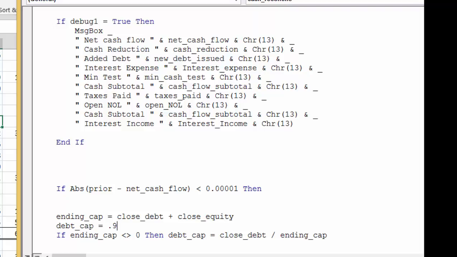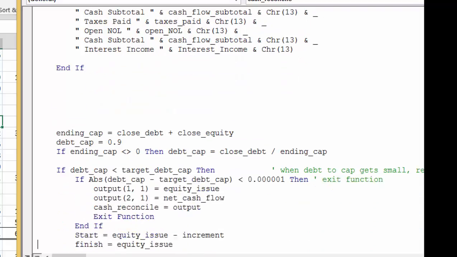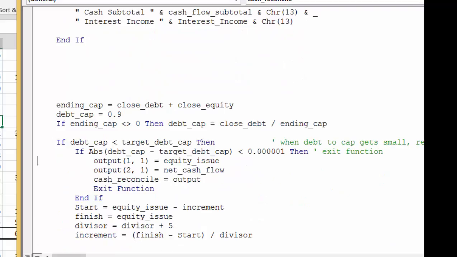I don't know why I did that really, but okay, so we're going to get rid of this one, and we're going to go around and around, and hopefully when the target debt to capital, it'll have to do so much work to get that right that that's enough to get the cash flow to reconcile. We'll see if it works.